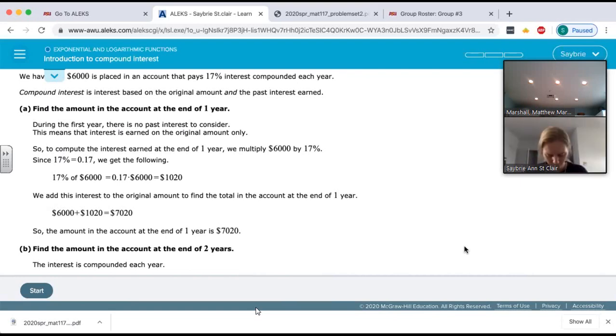I'm confused. Okay, so I see what they did. So they took that amount after a year and they times that by 17%. Okay, so they're starting to set you up for harder interest problems, I believe.